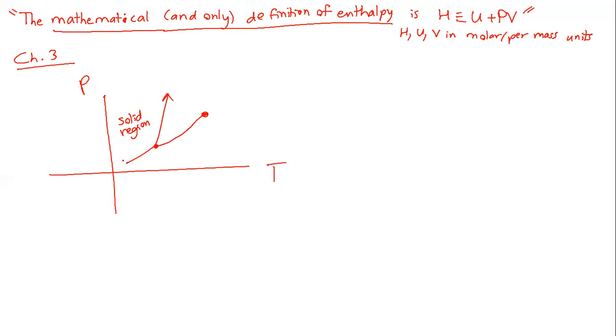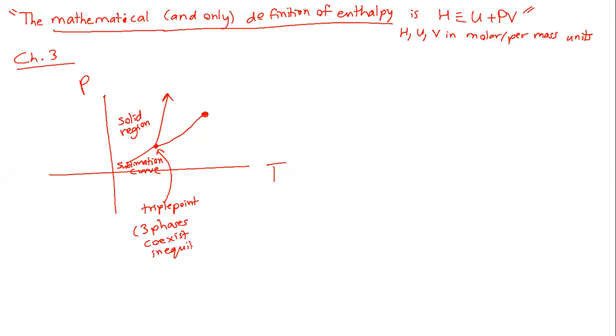Then we have this sublimation curve here, where you can go from solid to vapor and back again. Then we have here the triple point. The triple point is where all three phases coexist in equilibrium.